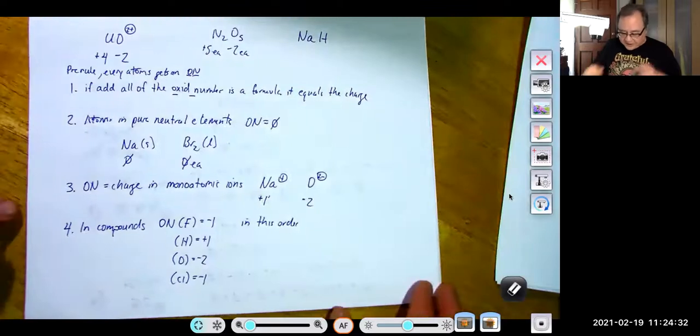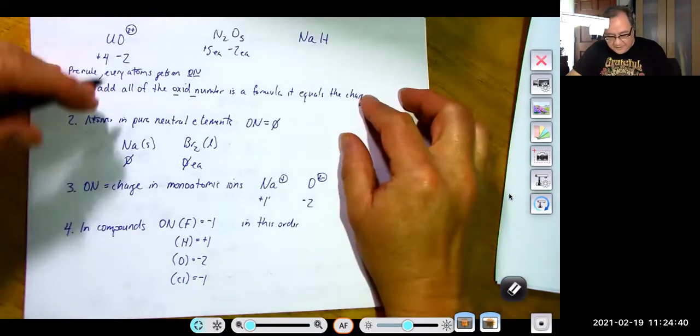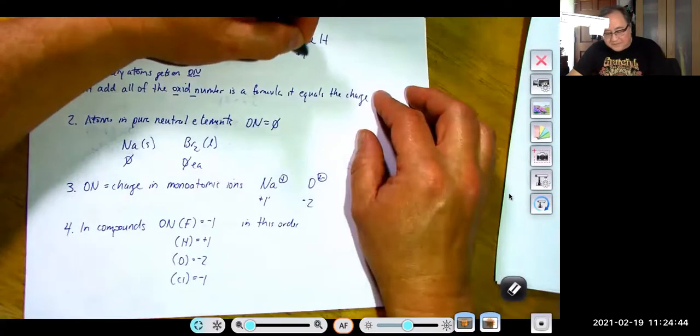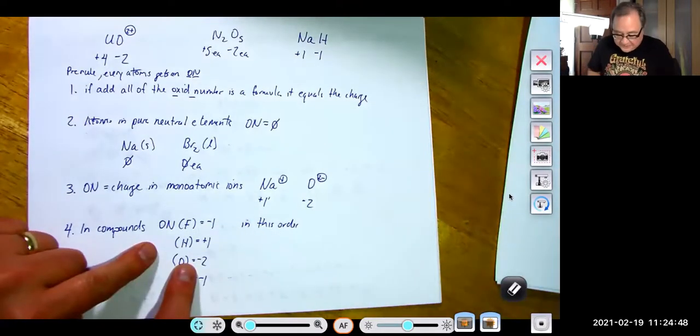What are the oxidation numbers? For the hydrogen, the answer is they are +1 and -1, which seems to fly in the face of this down here, doesn't it? But let's look at the rules.